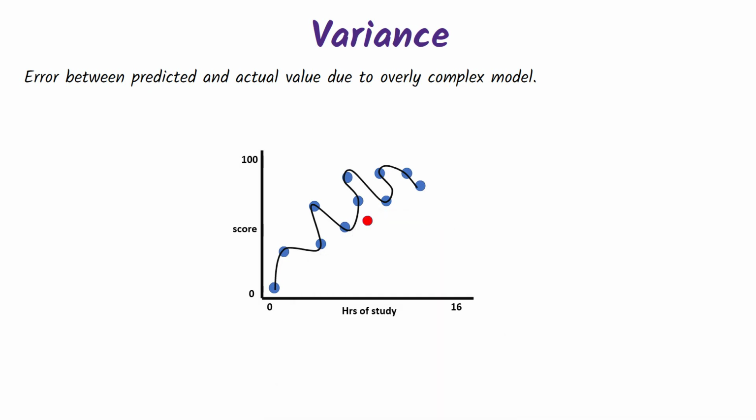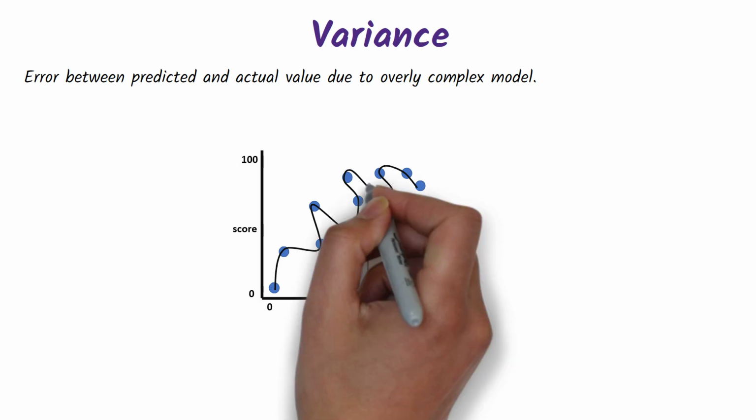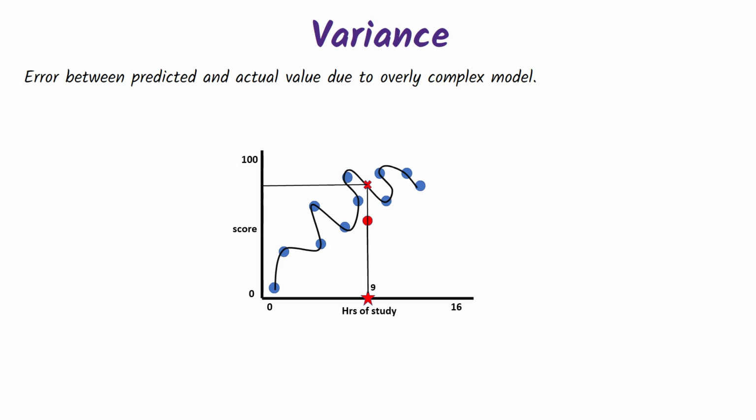So here is my data point, and the hours of study in this case is 9. If we try to predict the score for this point with our new complex model, it will give a predicted output of 85. Whereas the actual value of this data, as we can see, is 60. So we have an error of 25.